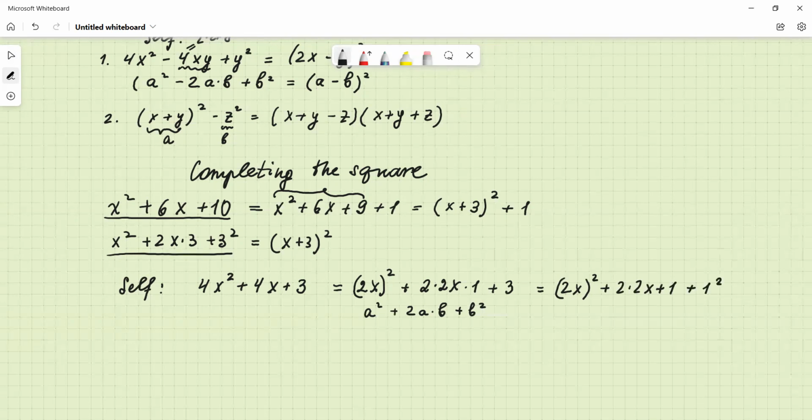Well, you can call it 1 squared, but that's actually still going to be 1. To not change my expression, because I'm just adding 1 from nowhere, I'm going to just subtract it right away. And then I'm going to copy my last term, plus 3. Now what I have is a perfect square, (2x plus 1) squared over here.